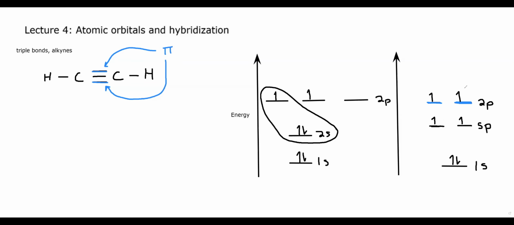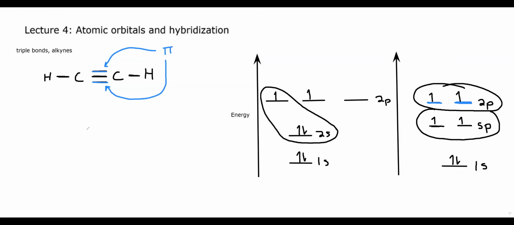So now we have 2 electrons in the 2p orbital because we're making a double and triple bond, so that makes sense. And then we have 2 electrons that are in this orbital known as the sp. And the sp orbital, that's the bonds up here in black between the carbon and the carbon, from the carbon to the hydrogen, and from the carbon to the hydrogen.